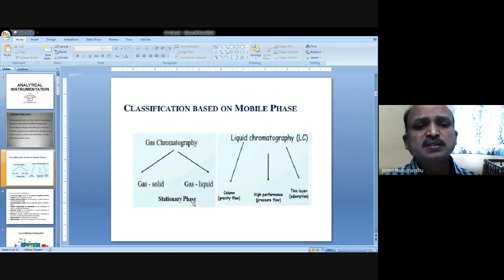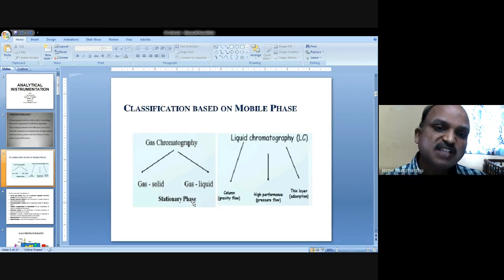Generally, chromatography may be classified broadly based upon the mobile phase. There are two broad classifications: gas chromatography and liquid chromatography.